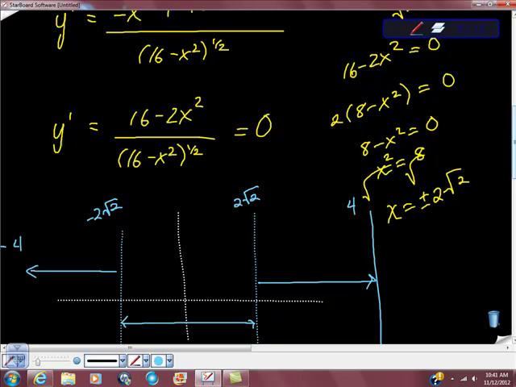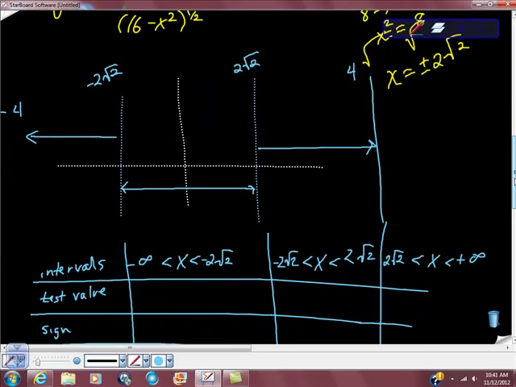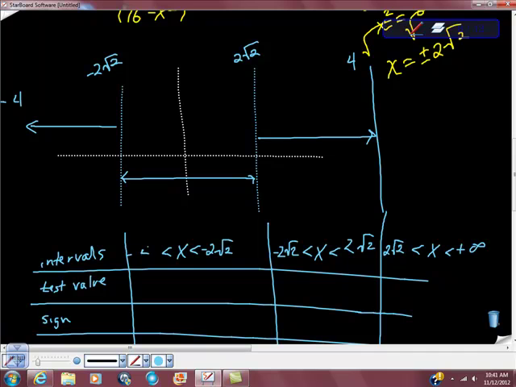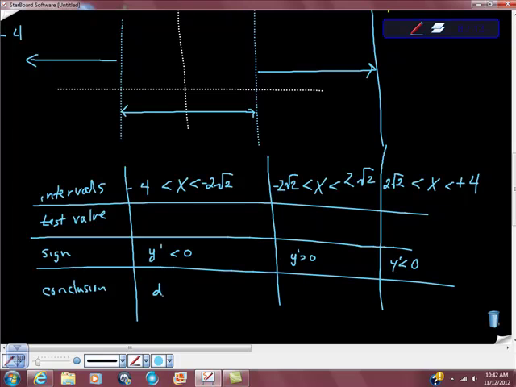So we have to actually go back here to these intervals here, and then fill in this math. And here, y prime is less than 0. I'm not going to make you do the whole thing. y prime is greater than 0. y prime is less than 0. So we have decreasing, increasing, decreasing.